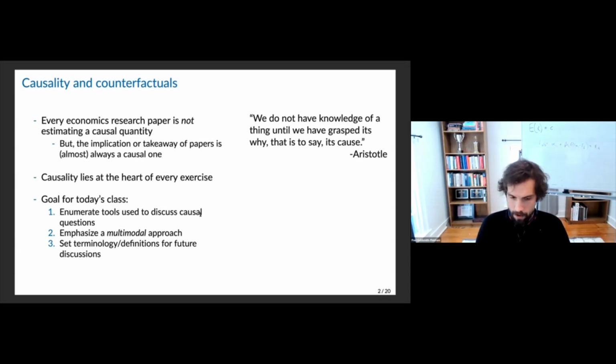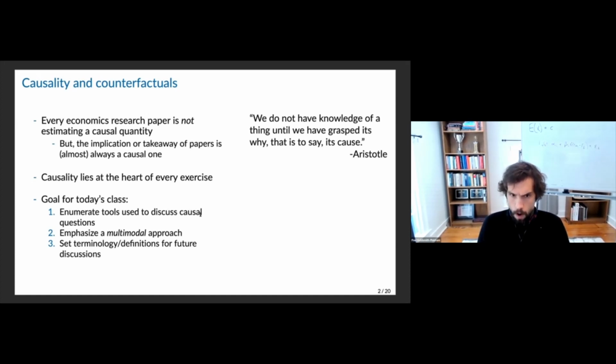We don't have a deep number of causal parameters in that paper. It's mainly descriptive. But obviously, at the heart of the exercise, we're interested in something causal: what is causing this difference between men and women across topics and across different things? Regardless of what you're doing, you typically want to say something causal.